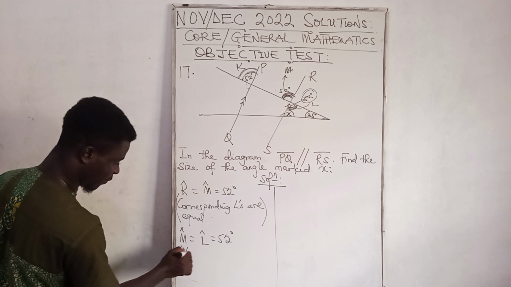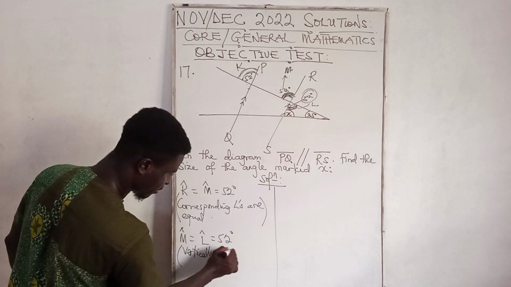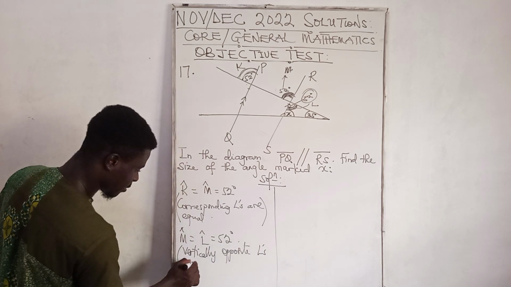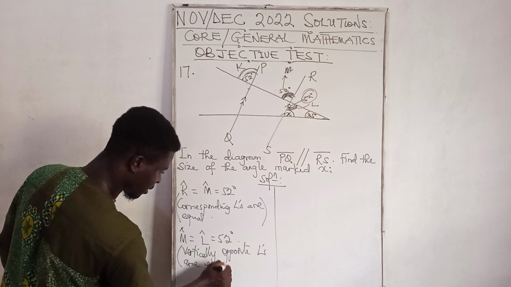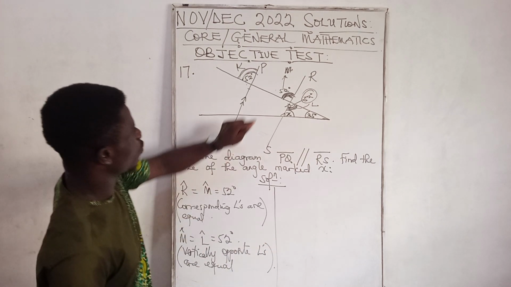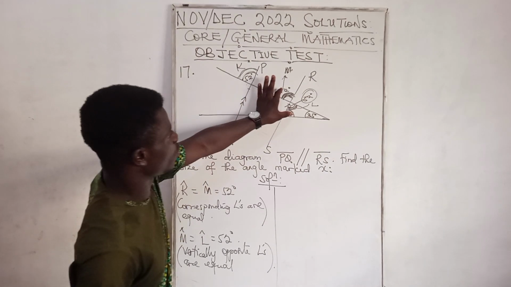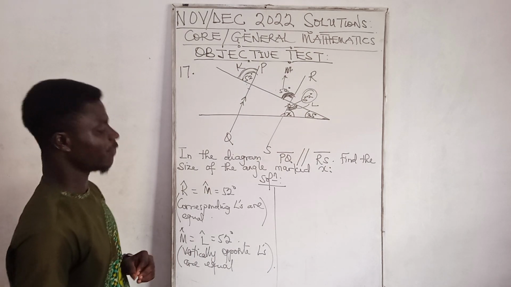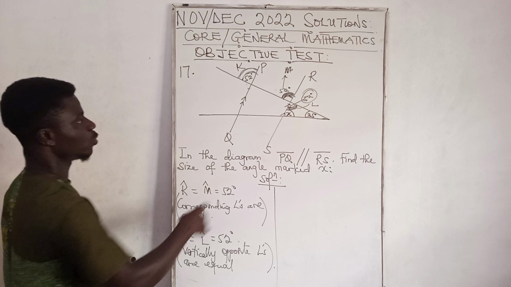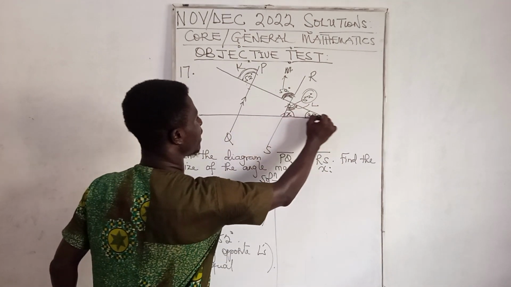Because I can see that vertically opposite angles are equal. So if here is 52 degrees, here also is 52 degrees. Why? Because they are equal. So vertically opposite angles are equal.